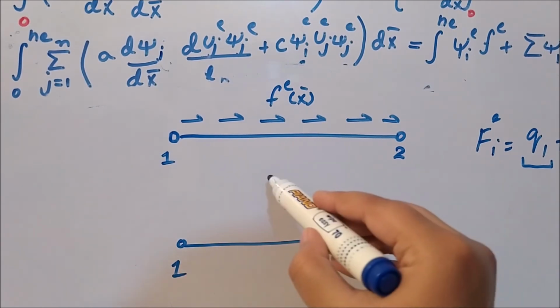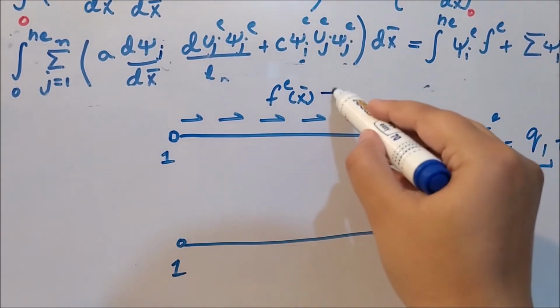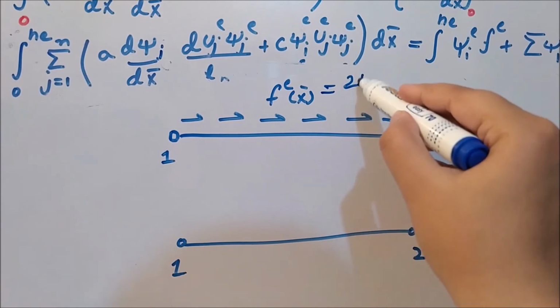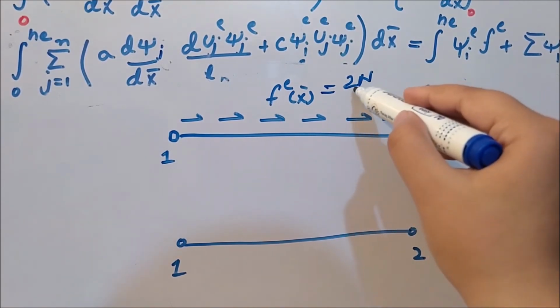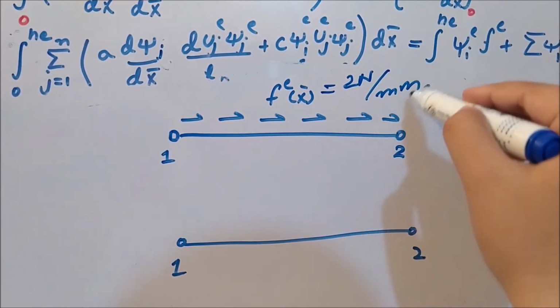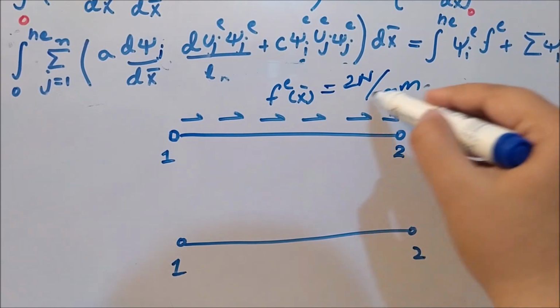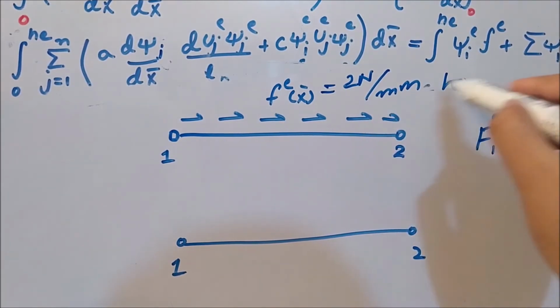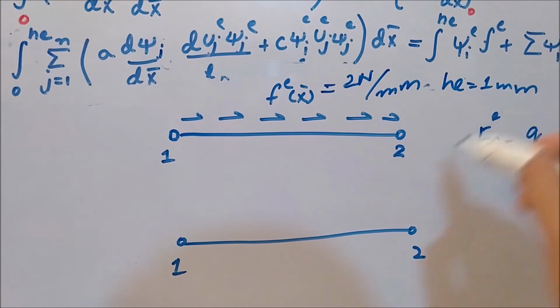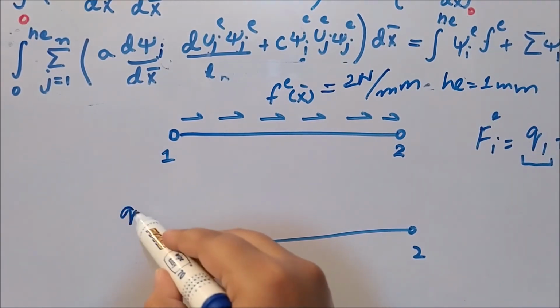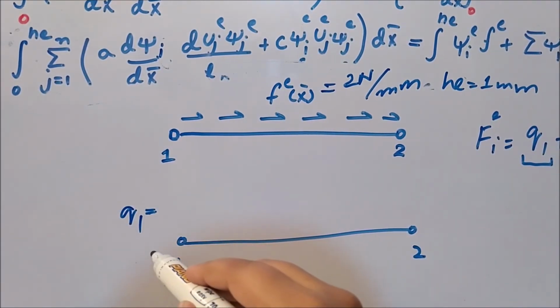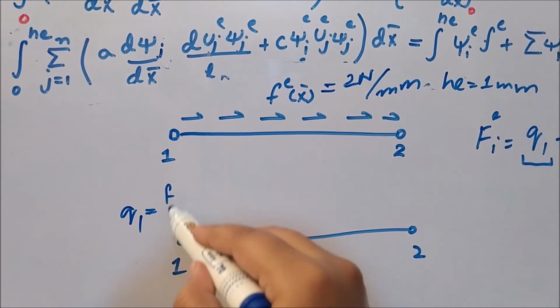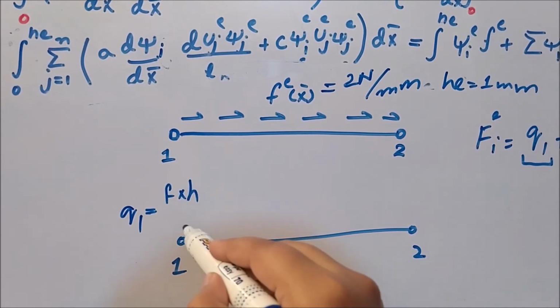So let's suppose this force was initially 2 Newton per millimeter. Here it is per millimeter because the length of an element is supposed to be 1 millimeter. So this small q1 here is equal to the force times the length divided by 2.